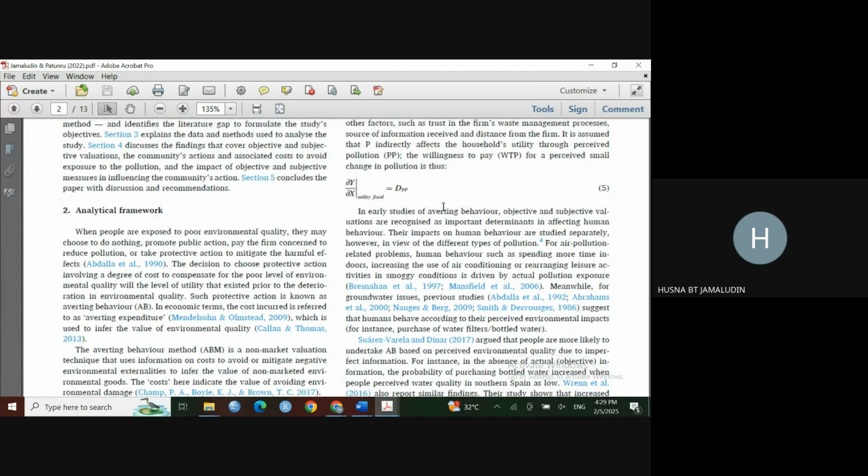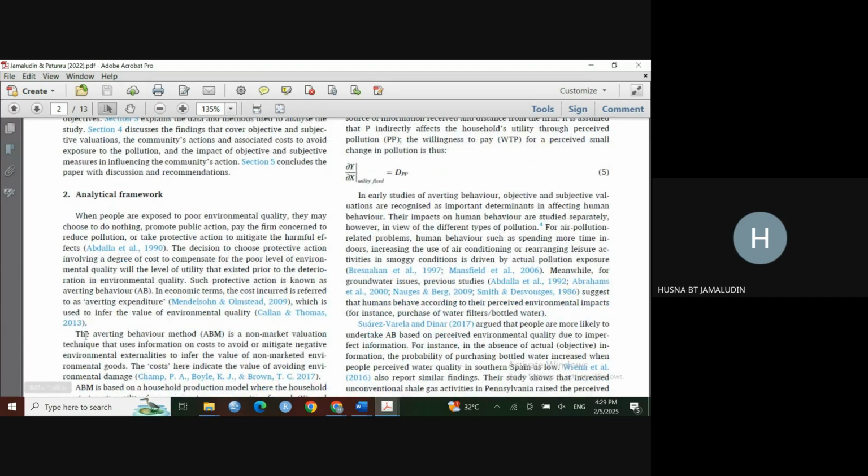Here you can see that, even though the name is a behavior method, it is a theory in environment. So I review the theory, the concept, and after reviewing the concept, I also review any studies that use it. I started with evolution.